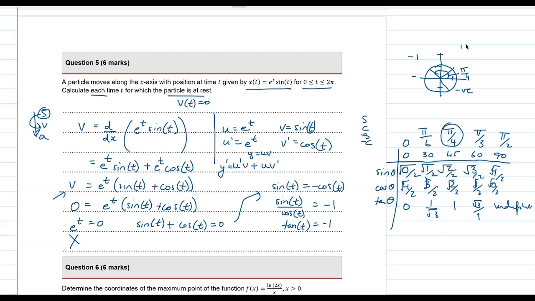Here it's going to be pi minus pi on 4, which is 3 pi on 4, so that's our first value, t equals 3 pi on 4. And this is the other value that we have, which is 2 pi minus pi on 4, which is going to be 7 pi on 4.